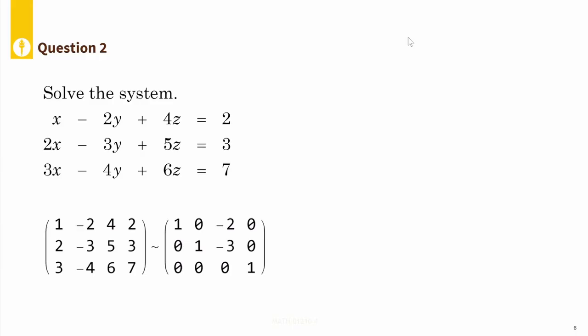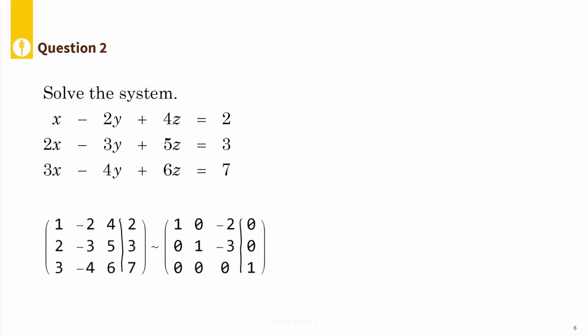Now remember, these are augmented. Look at row 3. What does row 3 say? 0 equals 1. Does 0 equal 1? That is nonsense.